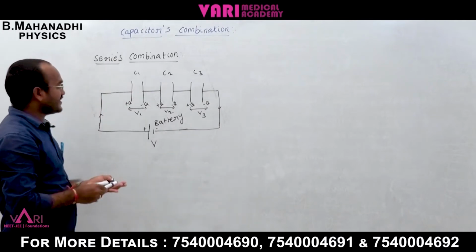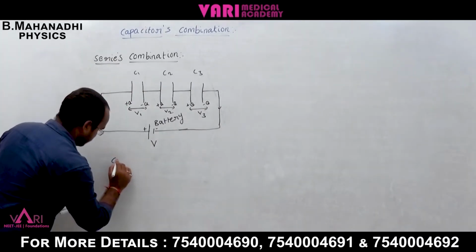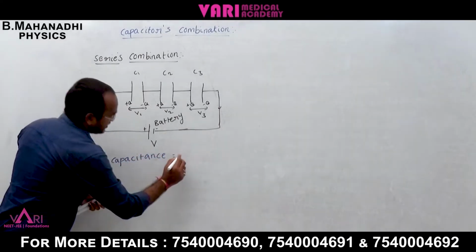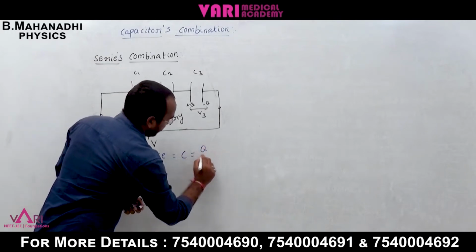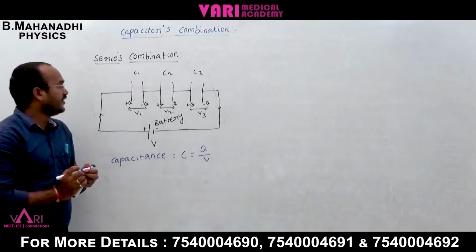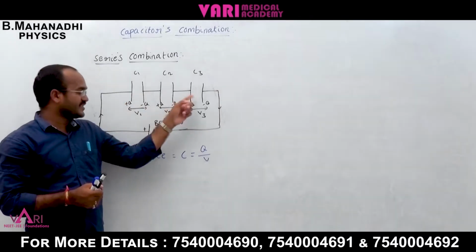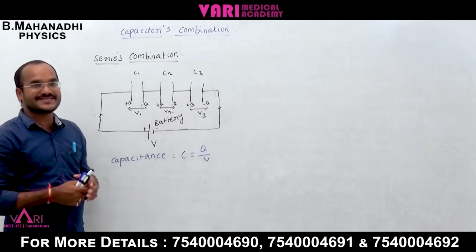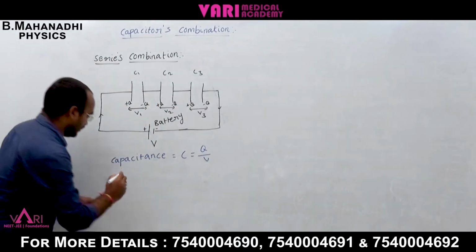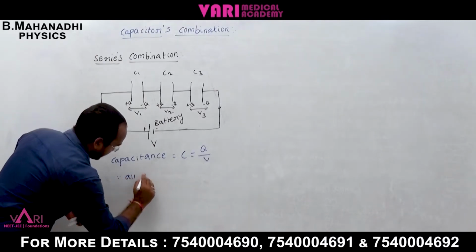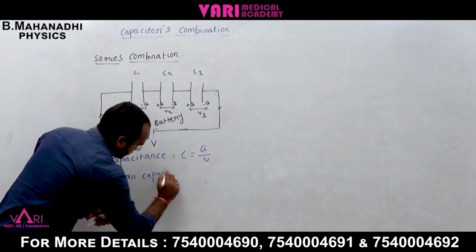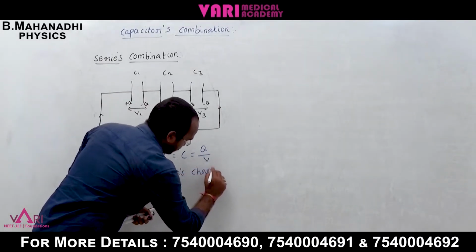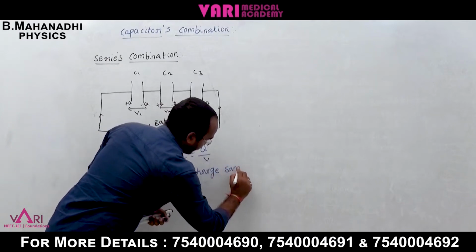Generally the capacitance formula is C equal to Q by V. Now in any series combination, the charge on all capacitors is the same.